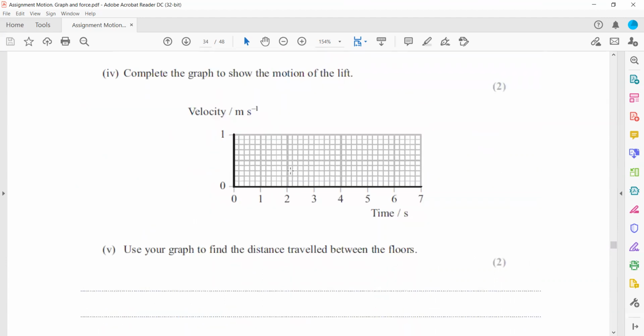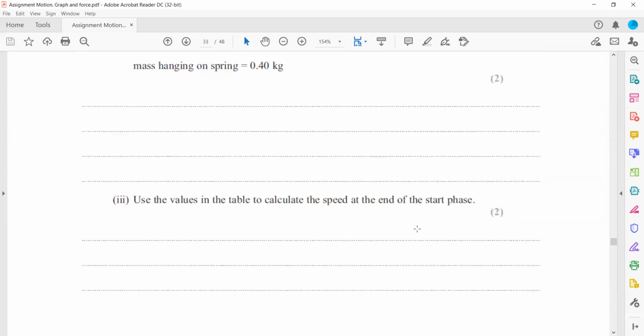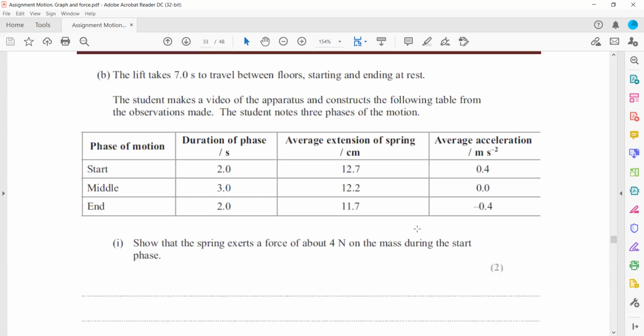Complete the velocity-time graph to show the motion of the lift, and use your graph to find the distance traveled, so we'll use the area under the graph. How can we represent the motion here? First, for 2 seconds it has a constant acceleration, then from 2 seconds for 3 seconds it does not have any acceleration.